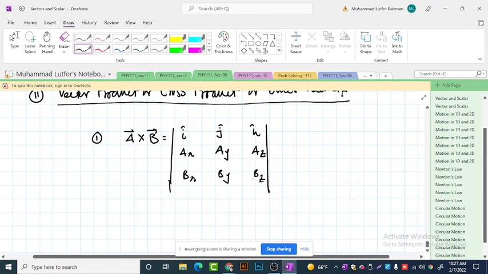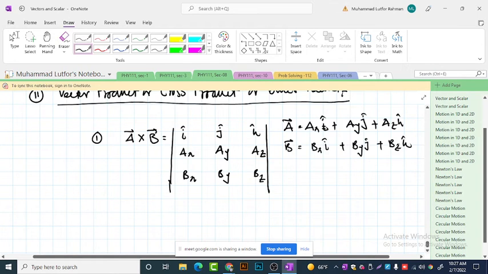I assume initially A equals ax i hat plus ay j hat plus az k hat, and vector B is bx i hat plus by j hat plus bz k hat. So I just plug in the coefficients of these two vectors A and B over here.